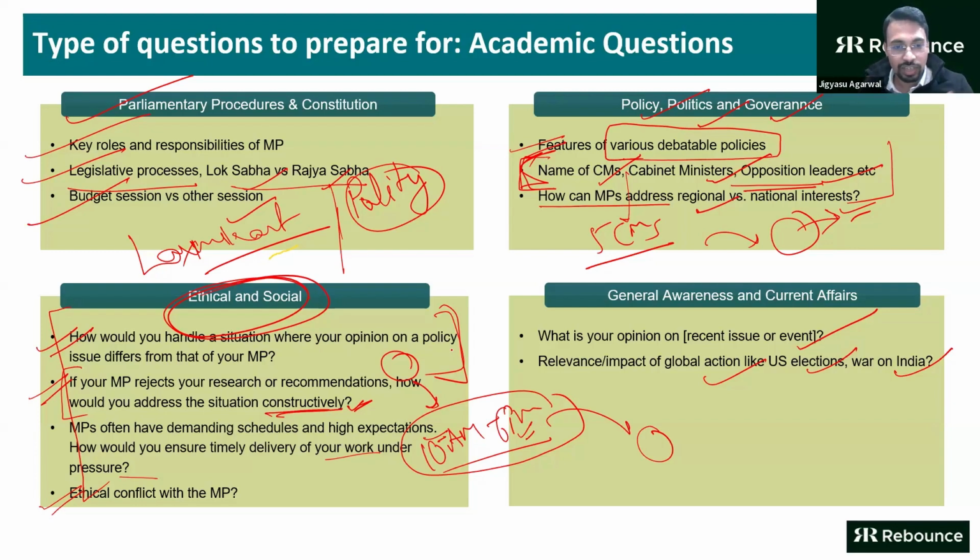So the idea is, when you are in conflict with them, conflicts are bound to happen. They can always happen, and it's completely fine to have all those conflicts. What is important is what kind of evidence and compelling arguments you provide behind them, so that you can convince them. The idea is to achieve a win-win, right? You also want to provide a suggestion which is beneficial for them and for the larger party and for the larger nation, and they also want similar kind of objectives most of the time.